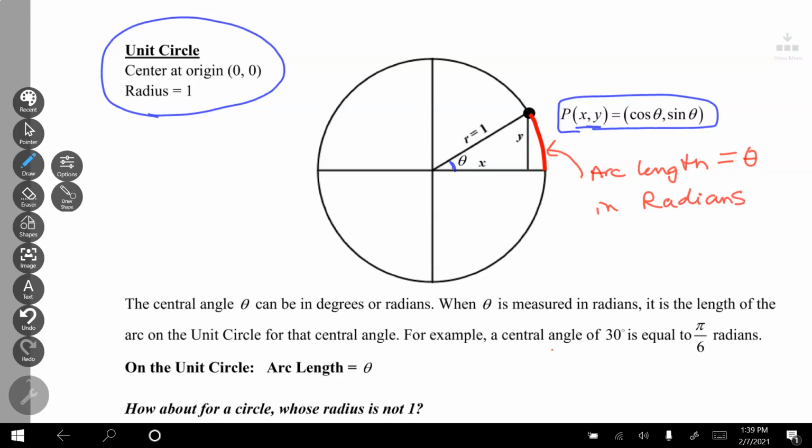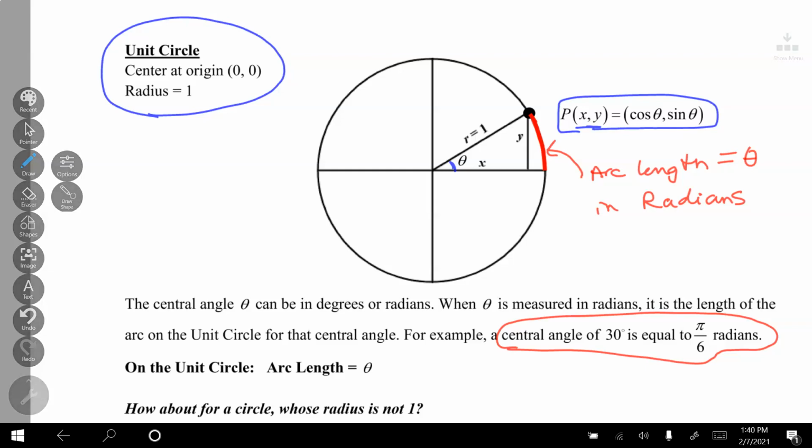As an example, if we said that this central angle of this red arc is equal to 30 degrees, when we use the opening here of 30 degrees, this arc length in red is equal to pi over 6 radians. And that's actually a better way to talk about angles because it is a physical length, where 30 degrees is just some opening of a wedge.